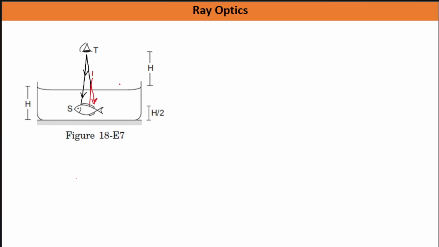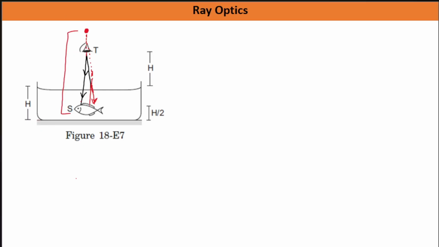Now there are two refracted rays, this black one and this red one. Are they meeting in real somewhere? No. So extend this red one like this, and extend this black one like this, and they meet somewhere here. So the fish will feel that the eye is here, at this distance.